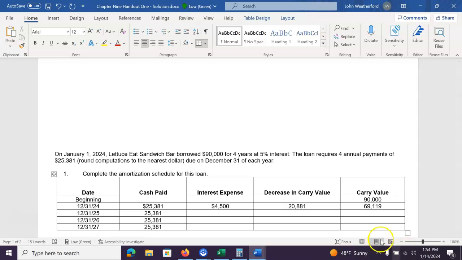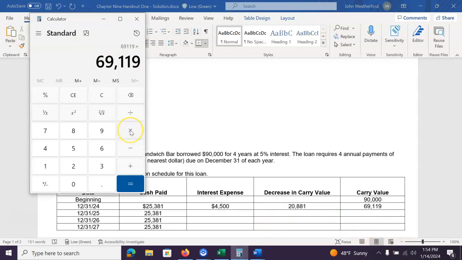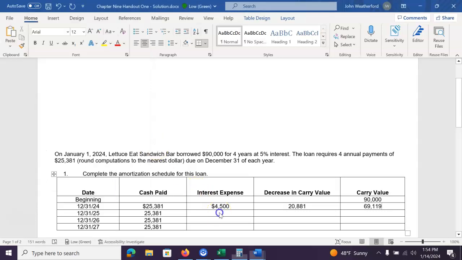All right, so now we'll say 69,119 times 5%. That's 3,455.95. Now it said round that to the dollar, so let's go with 3,456. Always pay attention to those instructions because sometimes it might want you to carry it out round to the penny.